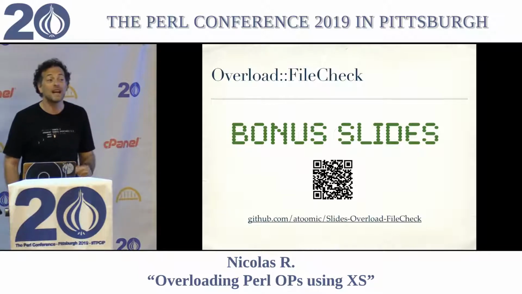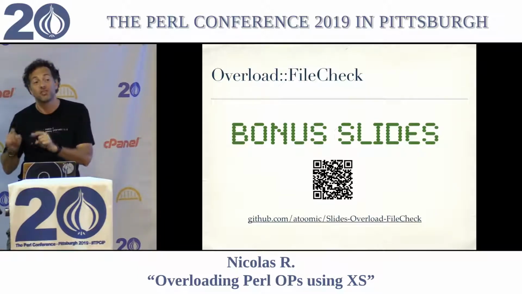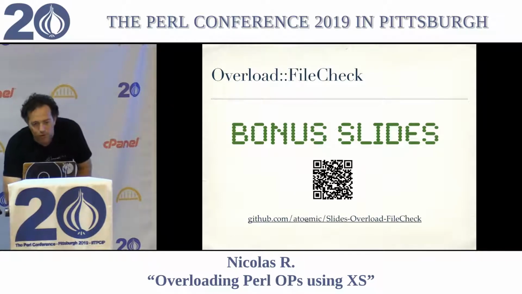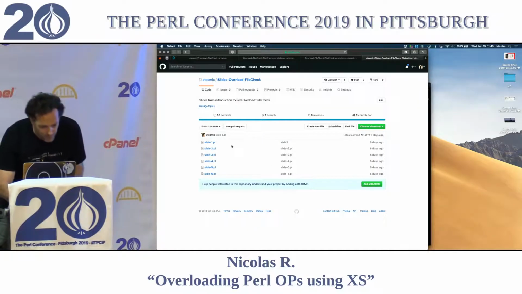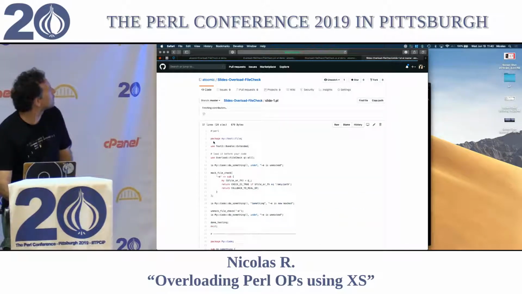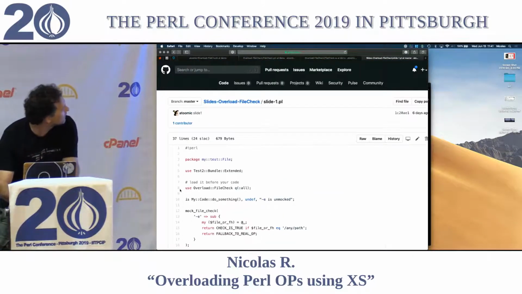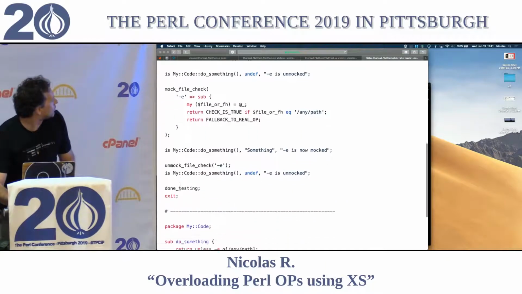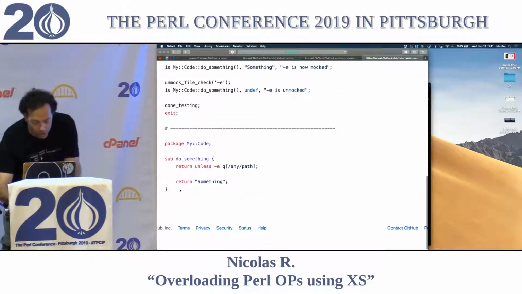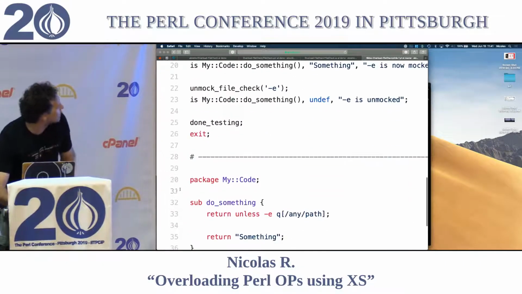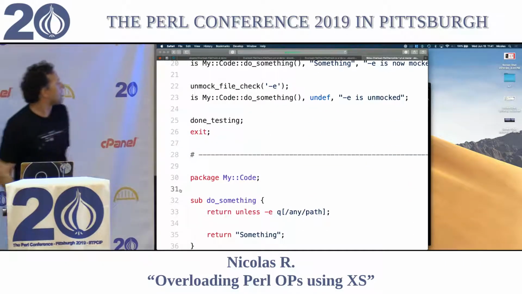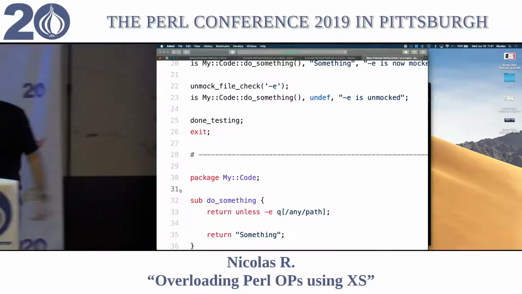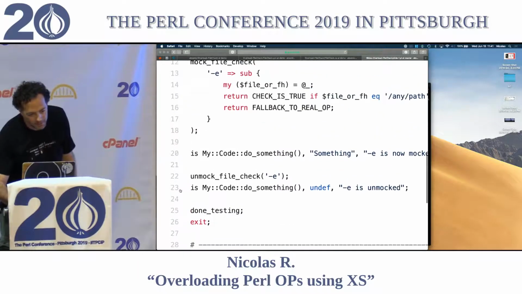So we have a bonus slide, or should I say, probably the talk is now starting. And we have time. That's cool. So same thing. Now these slides are there, I'm going to make them nicer. So you have a code. That code does somewhere a -e. It's just going to say true or false, mainly if the file exists, if the /any path exists.